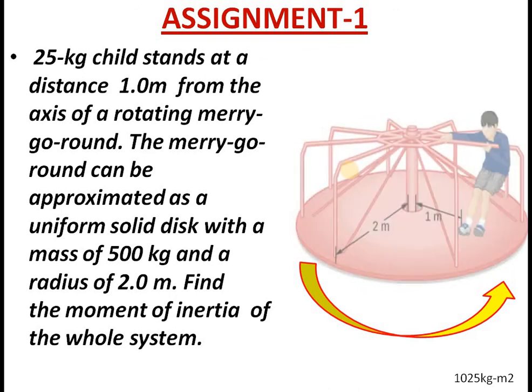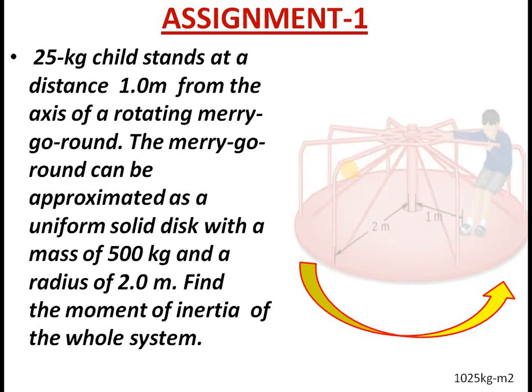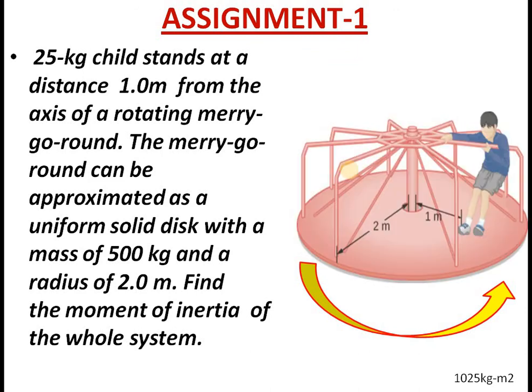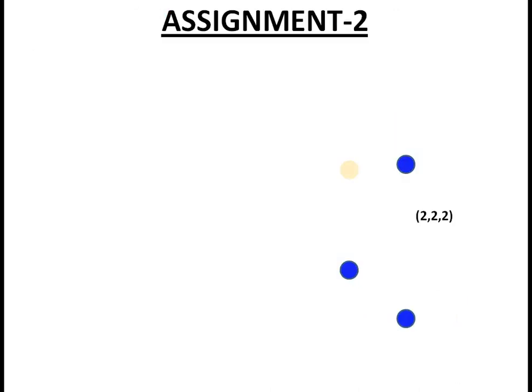You have sufficient equations given or derived earlier, and you can imagine the merry-go-round as a disc. You can find the moment of inertia of the disc, and the boy is at a distance. So do the problem. I hope you have got enough clues. Do the problem nicely.